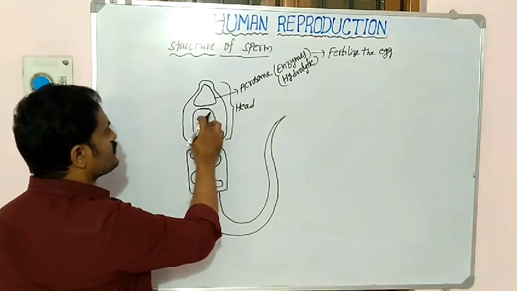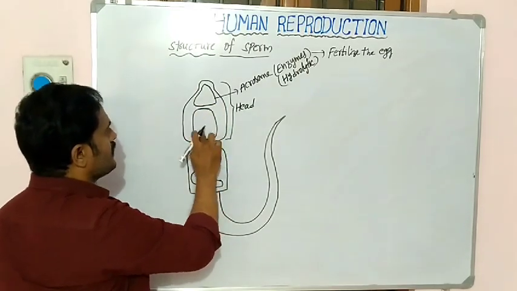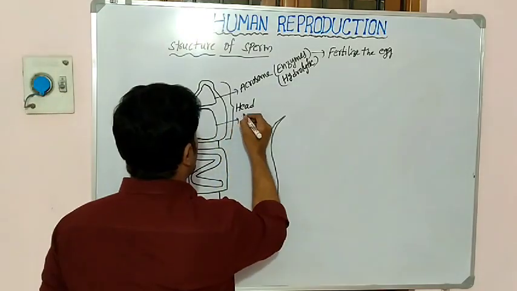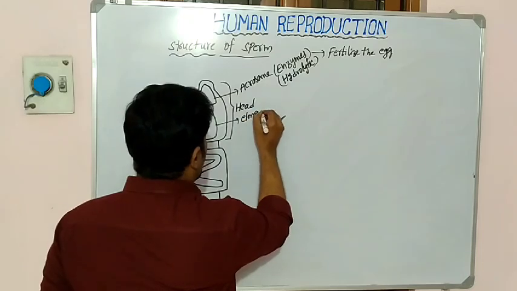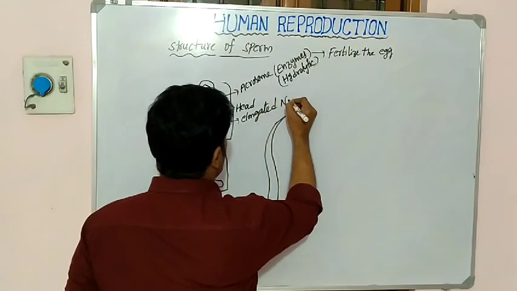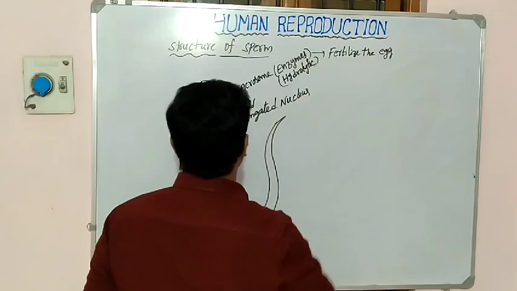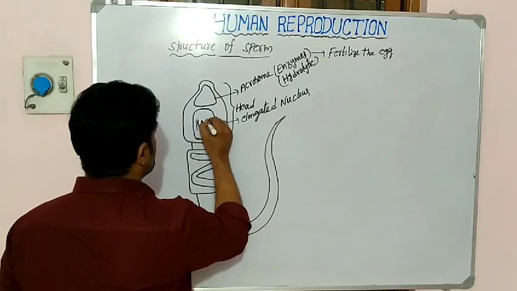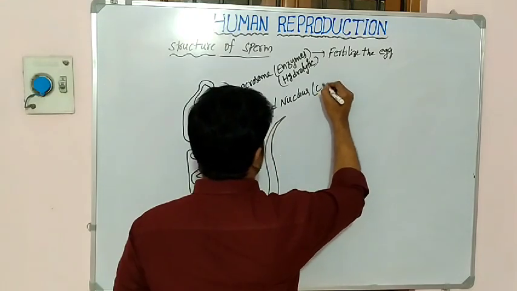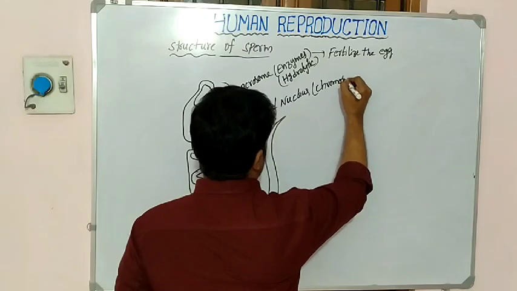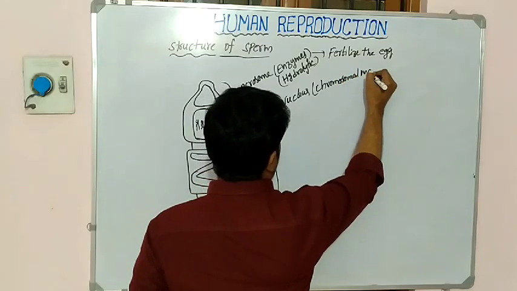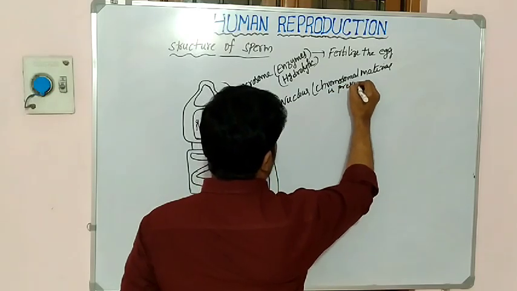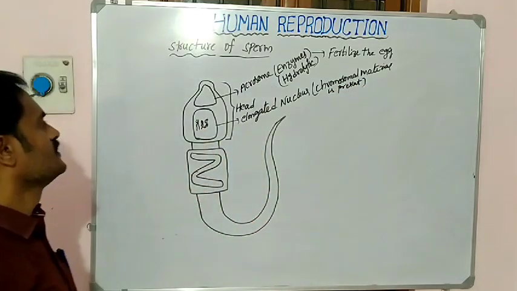Then below the acrosome, an elongated nucleus is present. Already you know the nucleus consists of chromosomes, so chromosomal material is present in the nucleus.